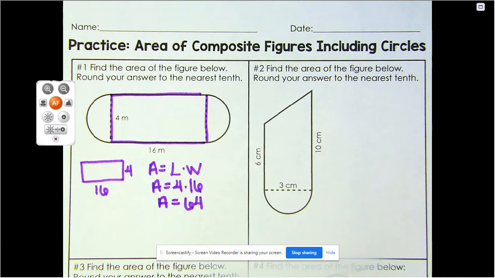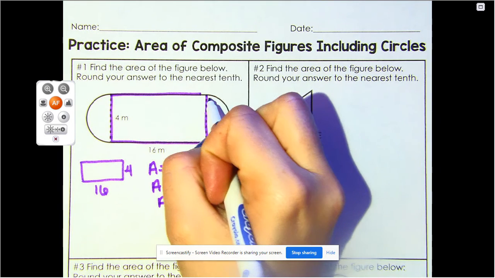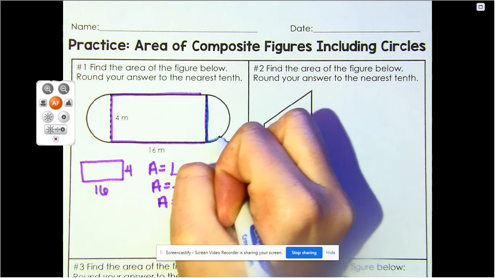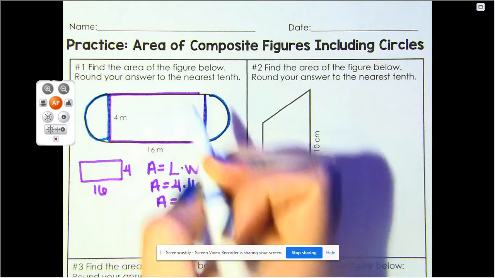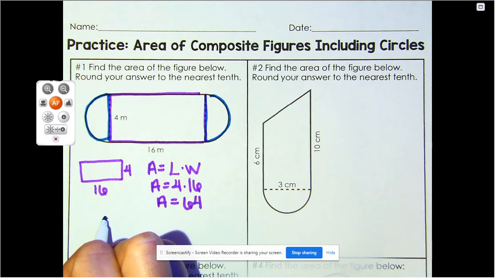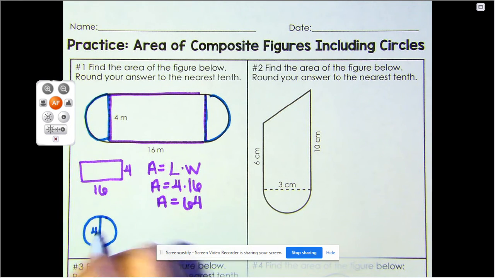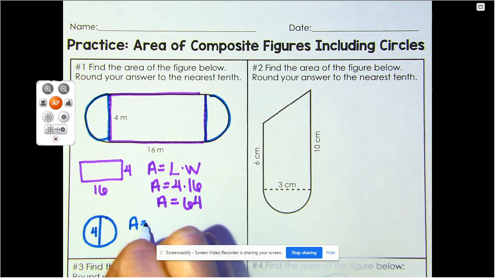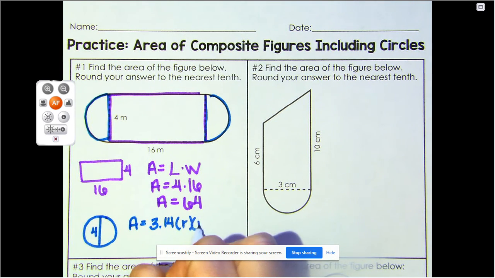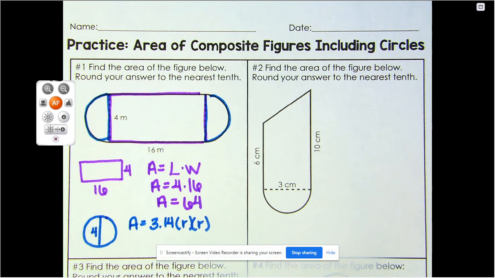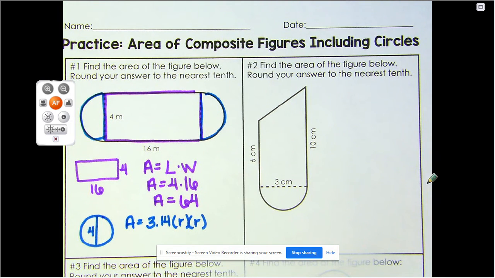Okay, and then the other shapes that I see happen to be 2 semi or 2 half circles. And hopefully you notice that 2 half circles will come together and make a full circle. So if I put the 2 half circles together, I get a full circle with a diameter of 4. If you remember, your area formula is 3.14 times radius, and this particular circle gives us the diameter, so I need to cut that in half.